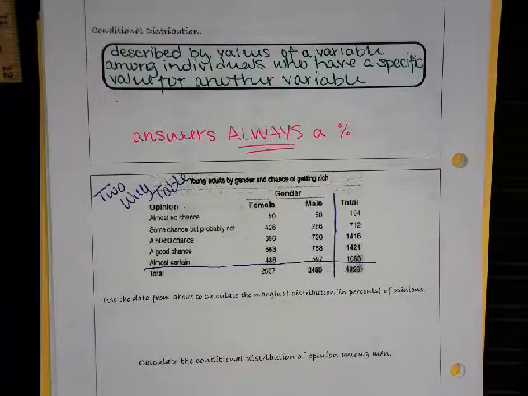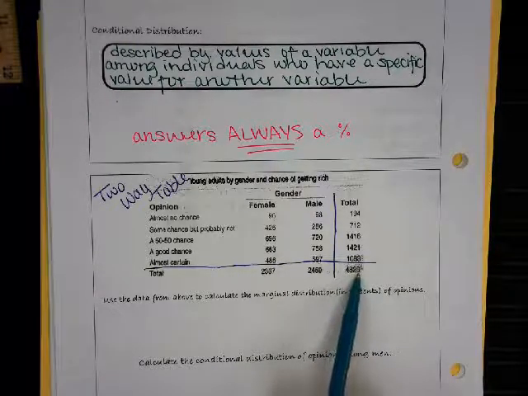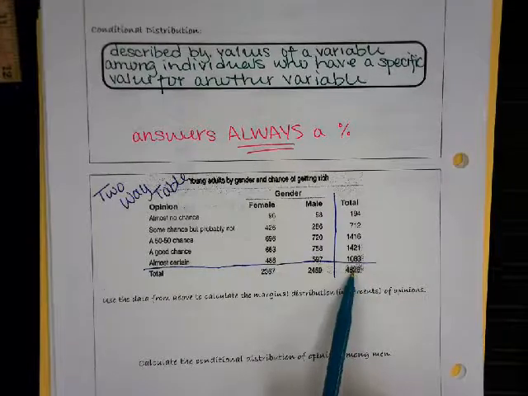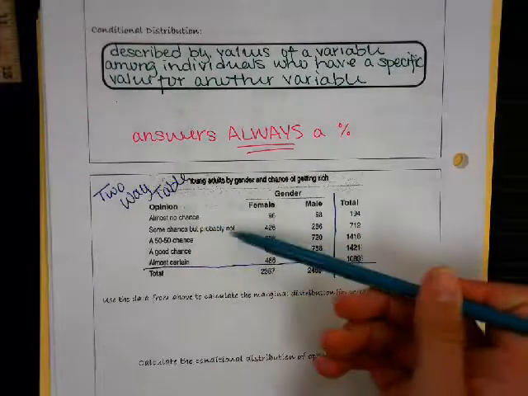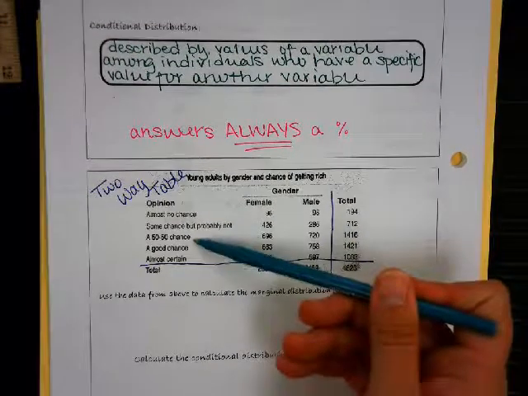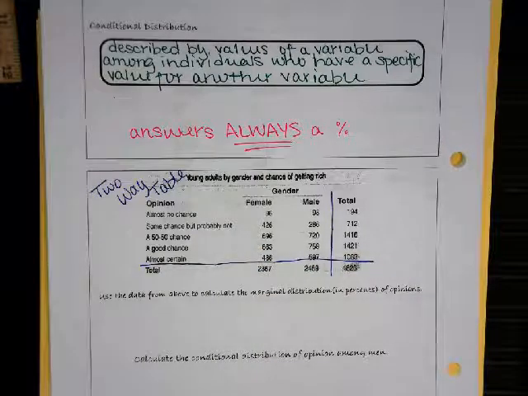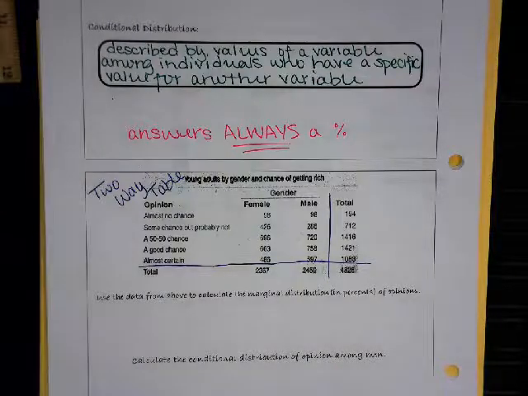They interviewed 4,826 young adults, asked them about what they thought their chance of getting rich was. They had almost no chance, some chance but probably not, 50-50 chance, good chance, and almost certain as their options. And then, of course, they put them into categories based on gender.